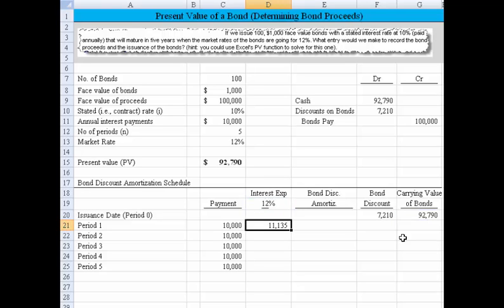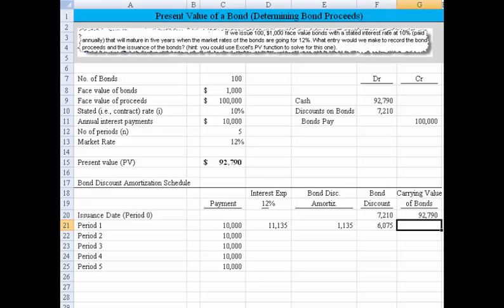Okay, once we have that, then you can easily determine the bond amortization by taking the interest expense minus the payment, and that difference represents the bond discount amortization. Once we have that, then we can calculate the ending bond discount by taking the previous balance appearing in cell F20 and subtracting off the amount we're amortizing for this period, right?